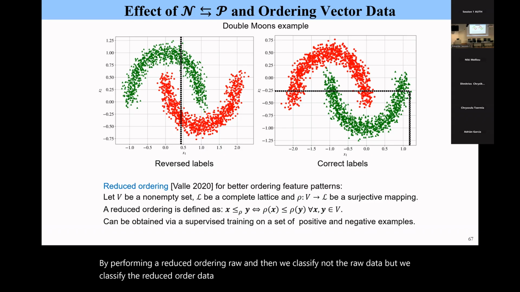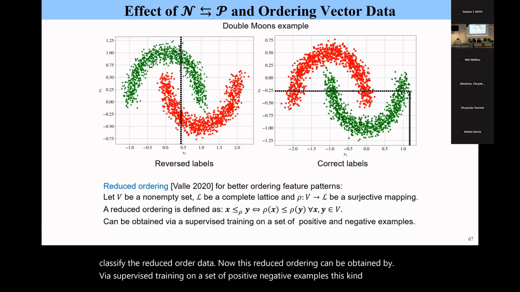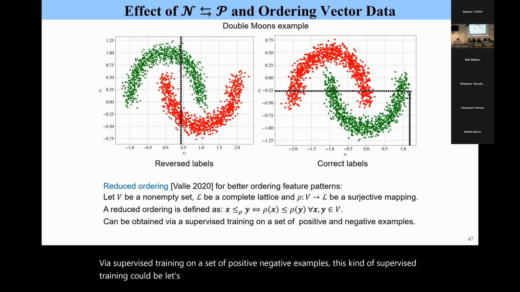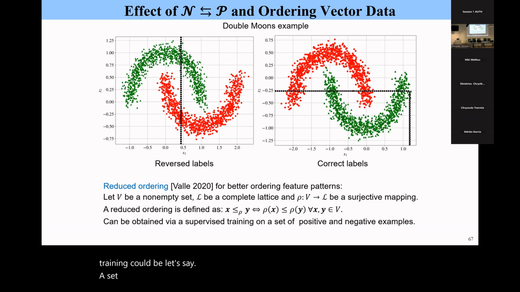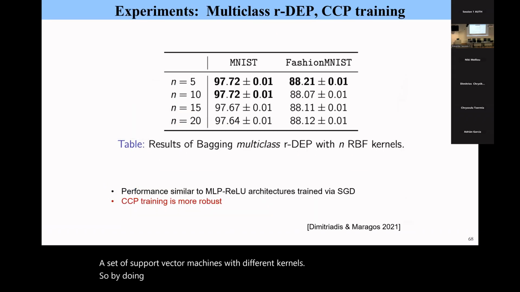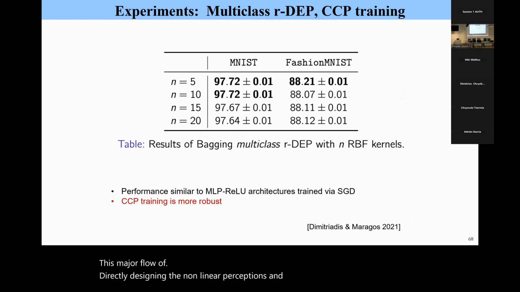Now, this reduced ordering can be obtained via supervised training on a set of positive and negative examples. This kind of supervised training could be, let's say, a set of support vector machines with different kernels. So by doing that, one can avoid this major flaw of directly designing these nonlinear perceptrons and achieve good results on standard data sets.